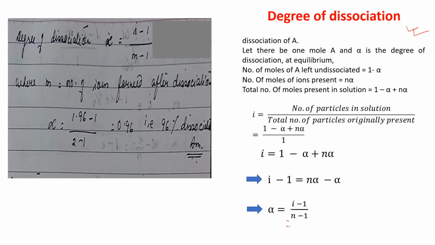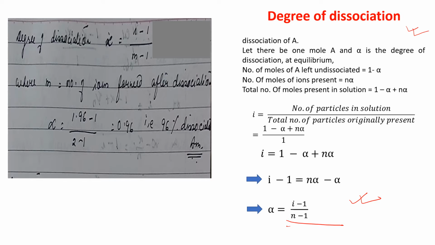I have just shown you once again where we get this formula from. Please go through it, this we have already done. From here we get alpha equals (i minus 1) by (n minus 1). In place of n, we have written m. Don't get nervous.